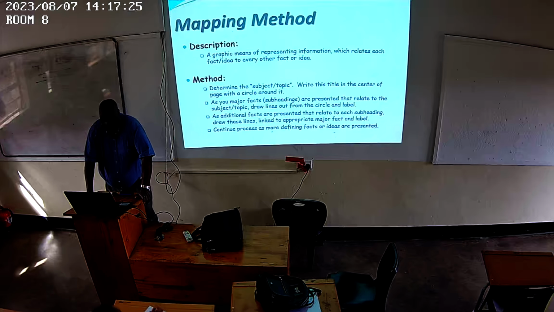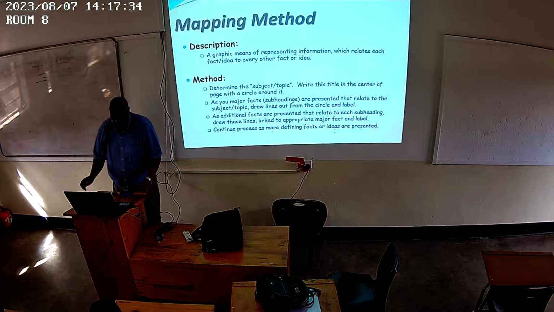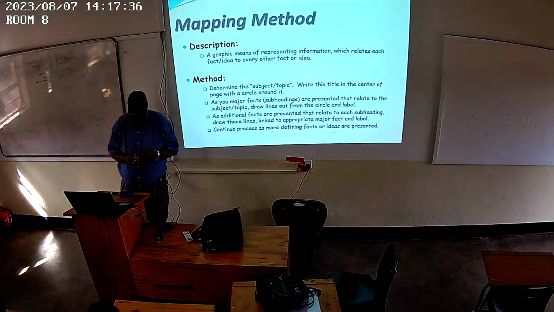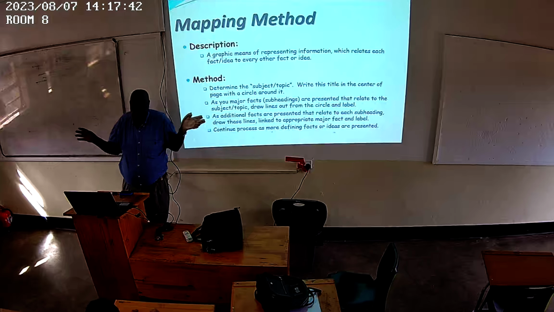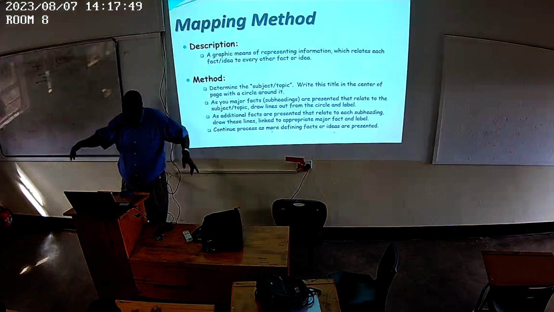In this method, what happens is that you write the title or the main concept in the center, and then you come up with branches, like a tree branch, where you have the main branches and then the sub-branches and so on.